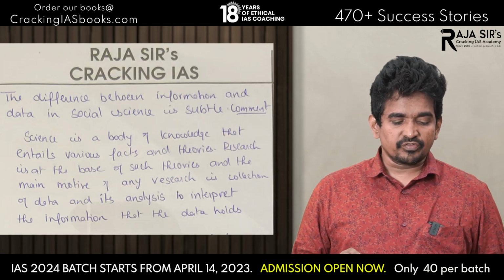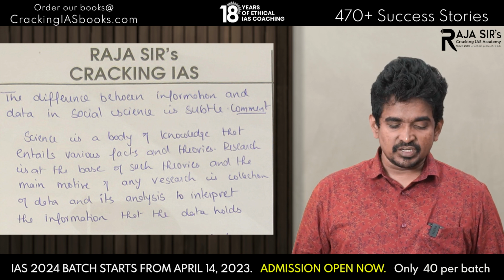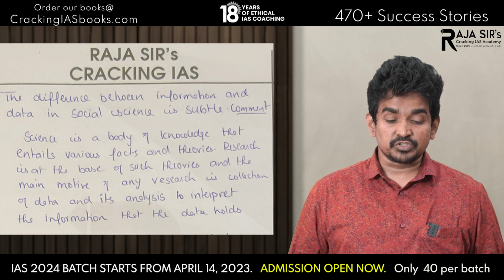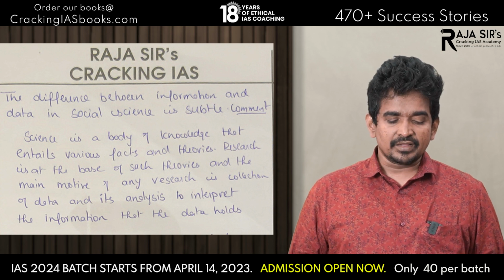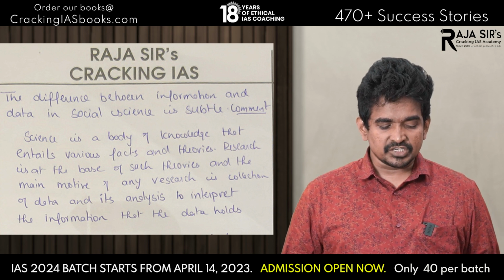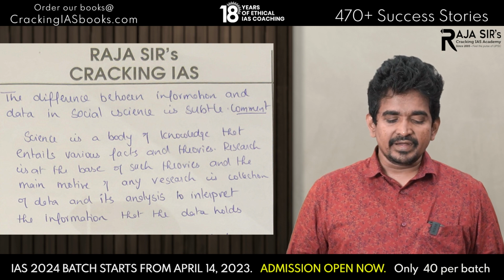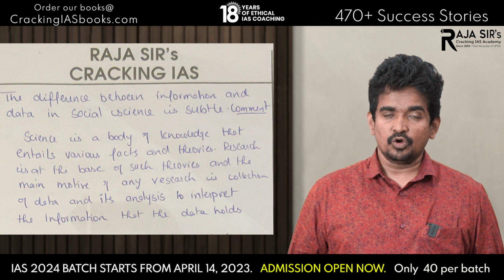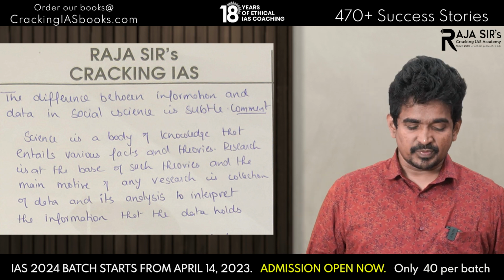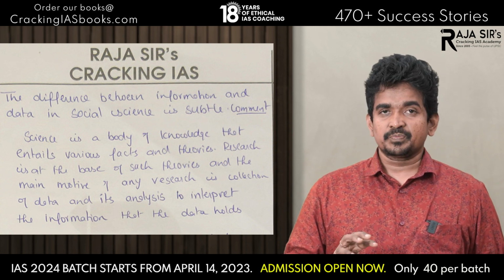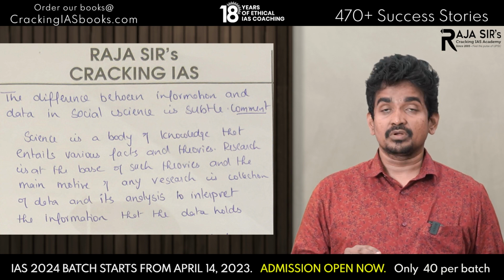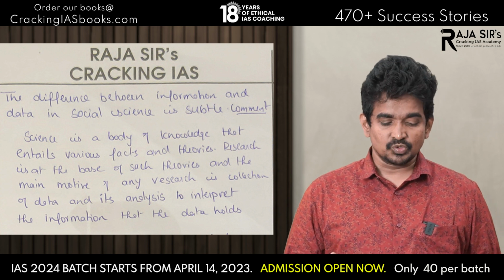Science is a body of knowledge that entails various facts and theories. Research is at the base of such theories, and the main motive of any research is collection of data and its analysis to interpret the information that the data holds. This is the first paragraph. So in the first paragraph, he has given a brief intro about science and society, sociology things.